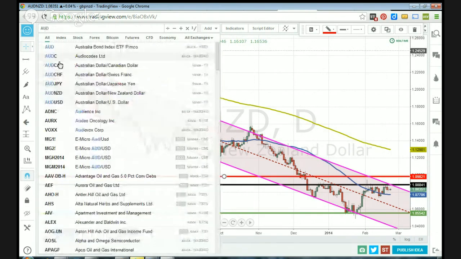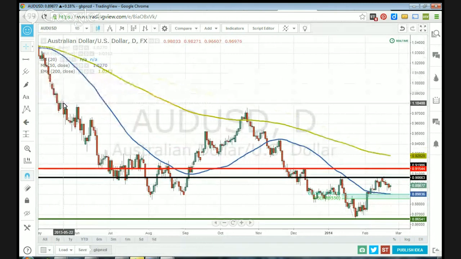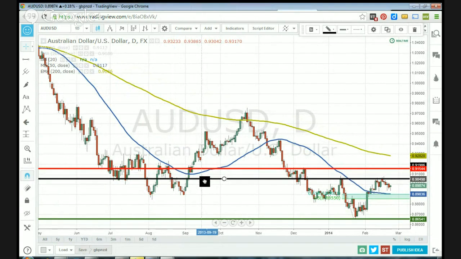Aussie US dollar. And I am short here as well. Okay, I'm going to leave this as is. Well, I wonder if I should move this down to like there, which I think I should. 90.50.